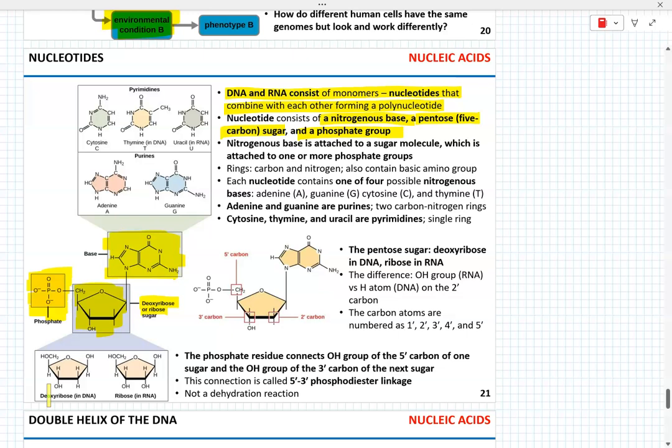The nitrogenous base is attached to the 1' carbon of a sugar molecule, whether it is deoxyribose or ribose, and the phosphate is also attached to the sugar. Within the rings of nitrogenous bases, you can find both carbon and nitrogen. You can also find amino and carbonyl groups.